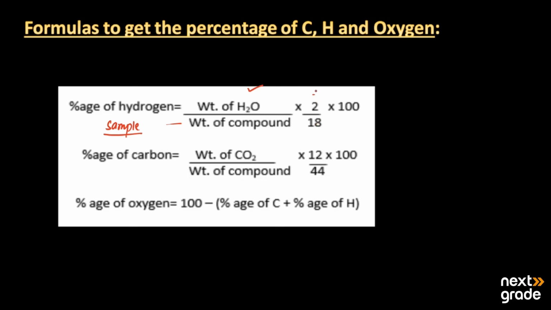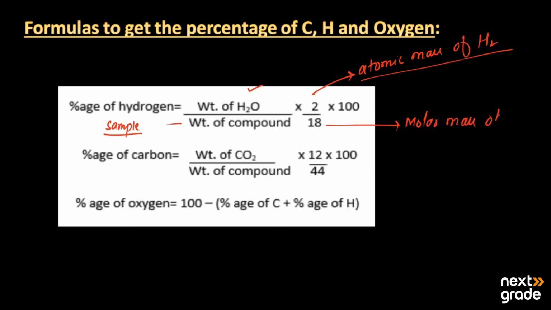Here 2 is the mass of hydrogen and 18 is the molar mass of water, H2O. Multiply by 100 because we are finding a percentage.